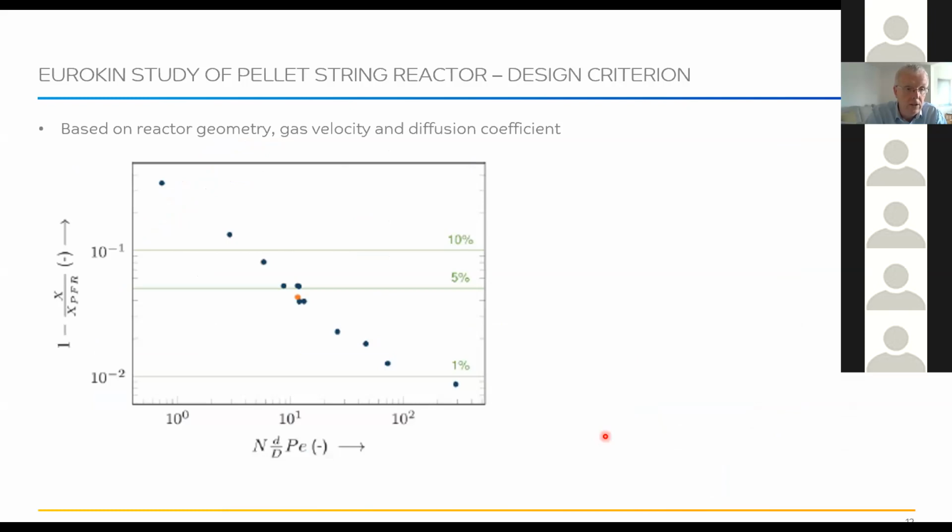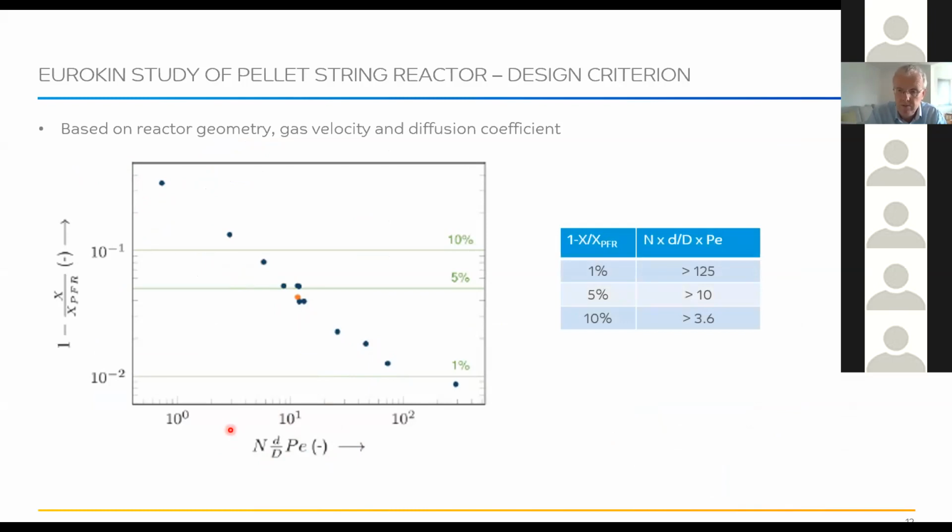What they then did is take that data and try to convert it into some sort of design criteria for an experiment, where you take into account the gas flow rate you're using and the geometry of the reactor, and look at the deviation from plug flow as a function of the Peclet number in the reactor. So this is about the flow behavior in the system and the number of particles.